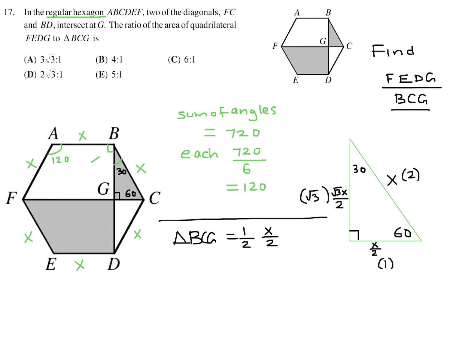And the height of BCG is right here, which is root 3 X over 2. So this looks like it simplifies to root 3 X squared over 8. All right, so I've got 50% of what I have to find.